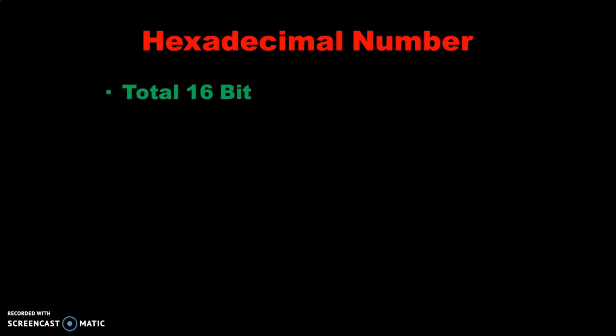In case of hexadecimal number, we have a total of 16 digits. In case of decimal, we know that we have a total of 10 digits, 0 to 9: 0, 1, 2, 3, 4, 5, 6, 7, 8, 9. In case of binary number system, we have 2 digits, either 0 or 1. In the same way, in octal number system, we have a total of 8 digits, that is 0, 1, 2, 3, 4, 5, 6 and 7.